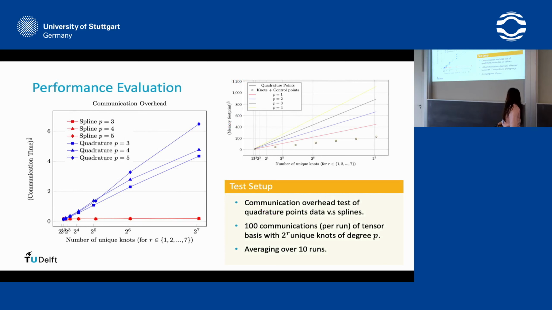Yeah, we also have this performance evaluation. Theoretically, we should have this line, but we just calculate the exchanging time, because some people may think if we try to reconstruct a geometry all the time, we lose some. We will spend more time than just exchanging quadrature points.